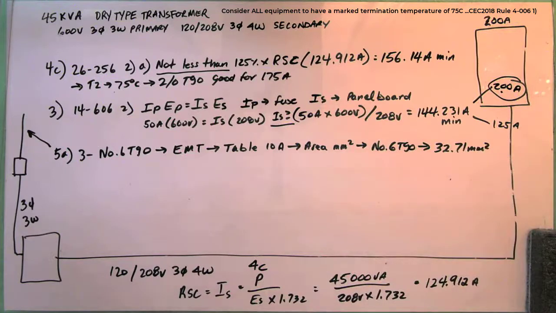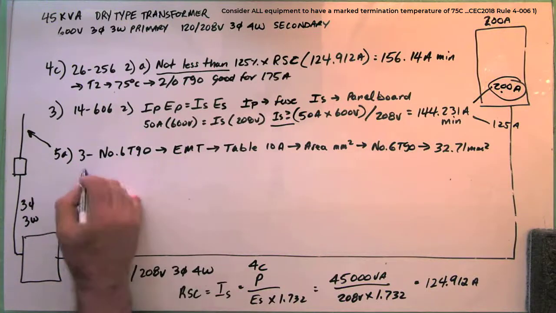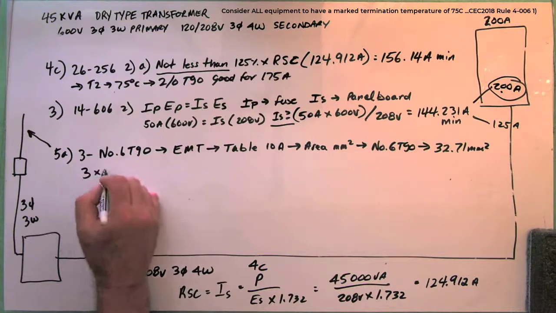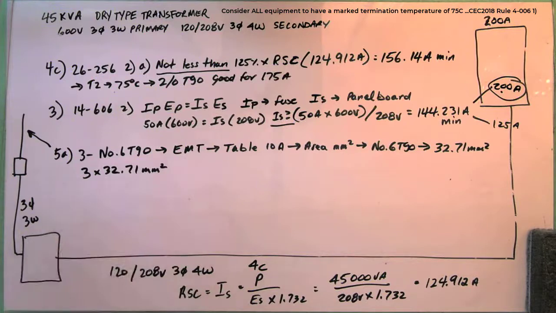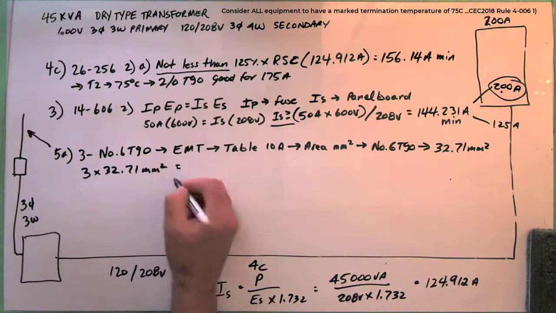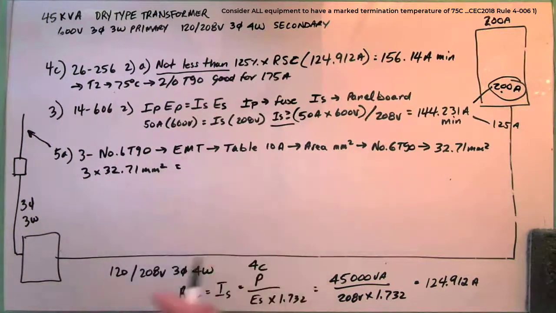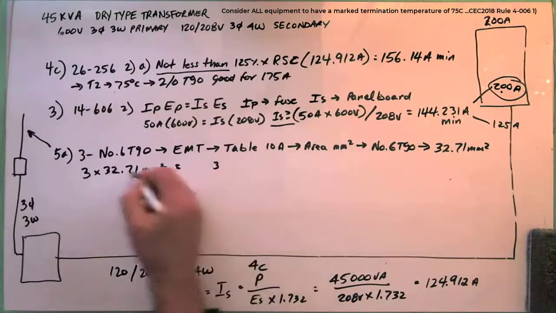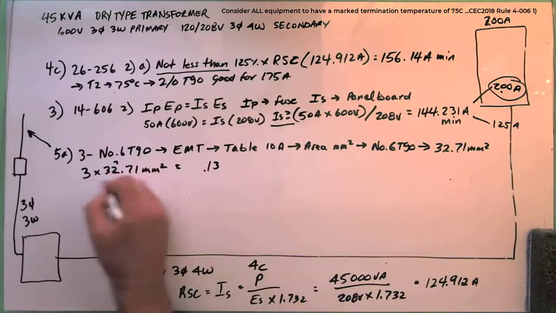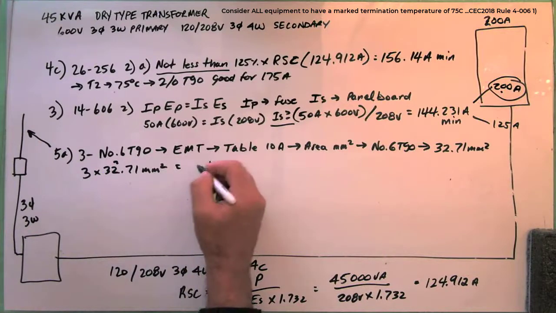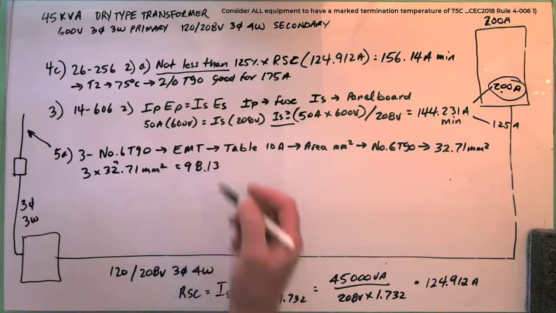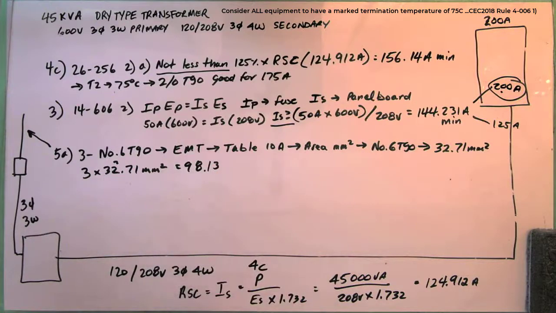Okay, so that's the area of a number 6 T90: 32.71 millimeters squared. I've got 3 wires, so I'm going to go 3 times 32.71 millimeters squared, which equals right on 98 because it looks like there are some odd numbers, like 3, 21, carry the 2, 6, 98.13, right?